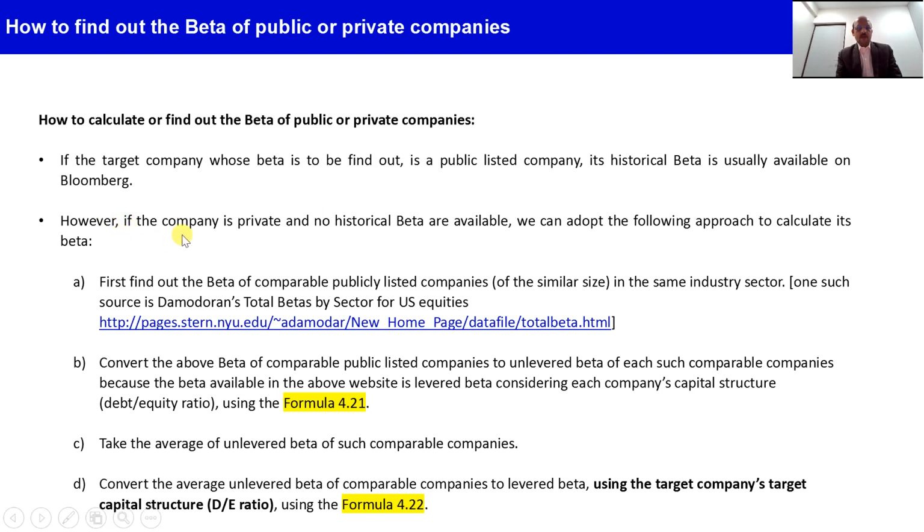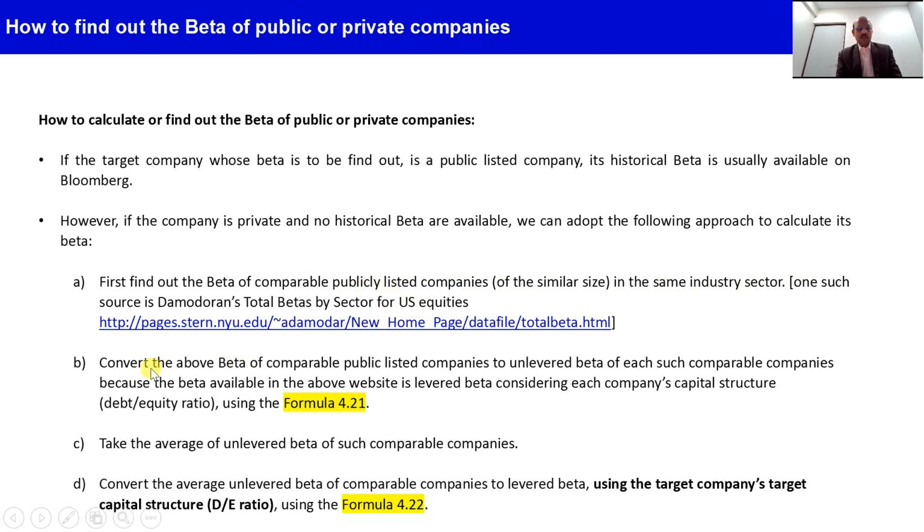However, if the company is a private company where we could not get the historical database from Bloomberg, then there is a website mentioned here, the A. Damodaran website, where we can get the beta of similar publicly listed companies.